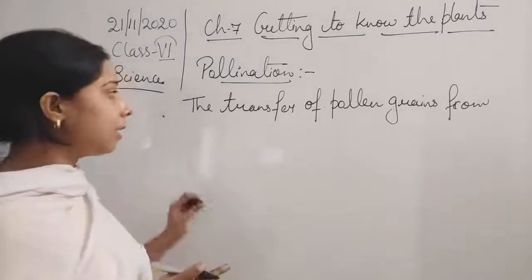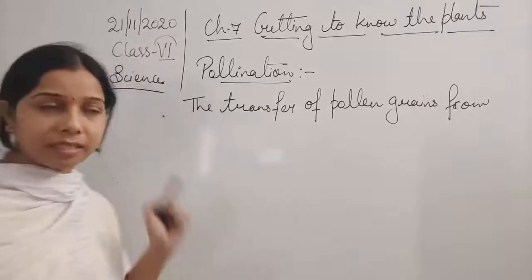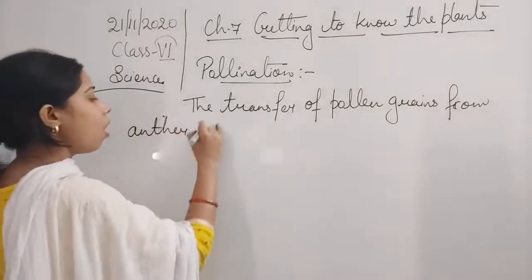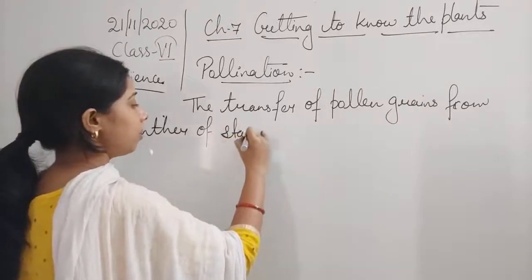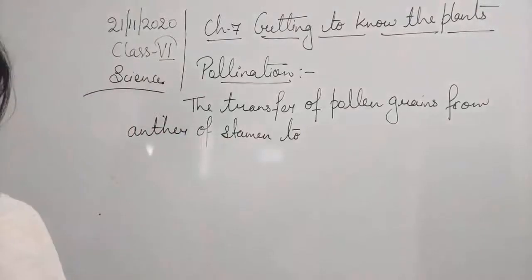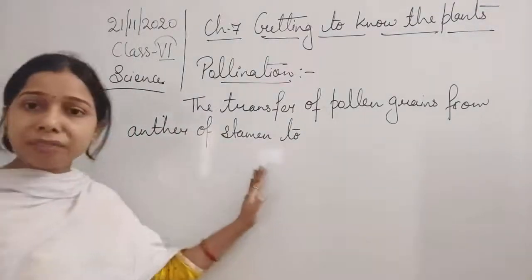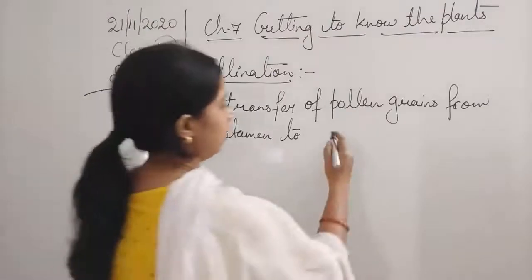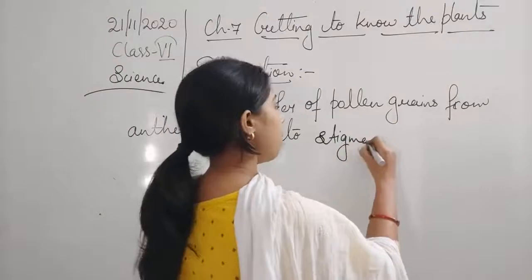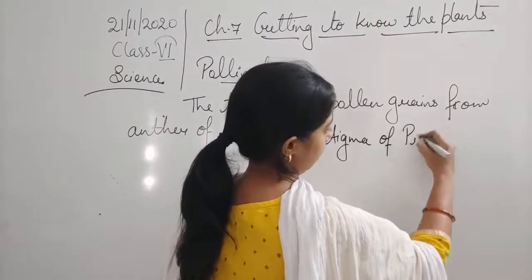Okay, so we can say the transfer of pollen grains from the anther of the stamen to the stigma of the pistil.